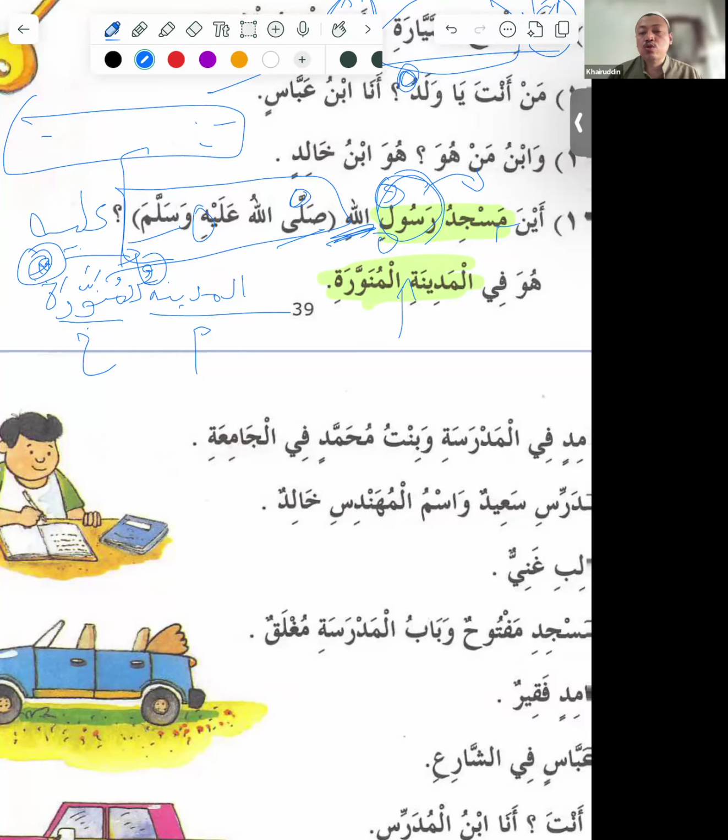So if it's Al-Madinatu, Al-Munawwara would follow suit, Al-Munawwaratu. If it's like this in the sentence, Al-Madinati, then Al-Munawwar would take the same form as the mausuf, so Al-Munawwarati.